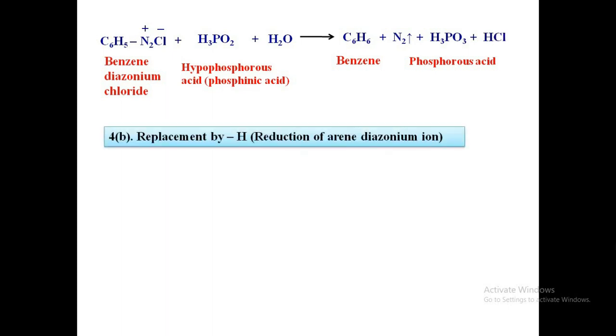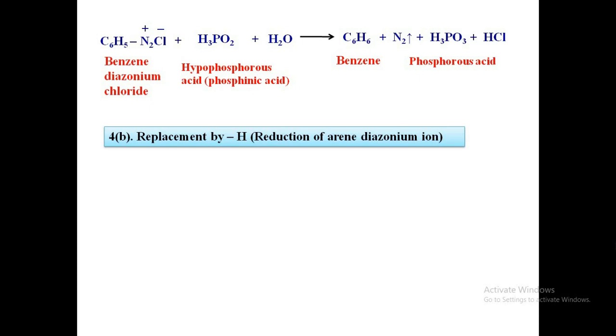In the second reaction, students, we are using a different reagent to bring about reduction of the arene diazonium ion, and in this case also replacement of the diazo group by a hydrogen atom occurs.